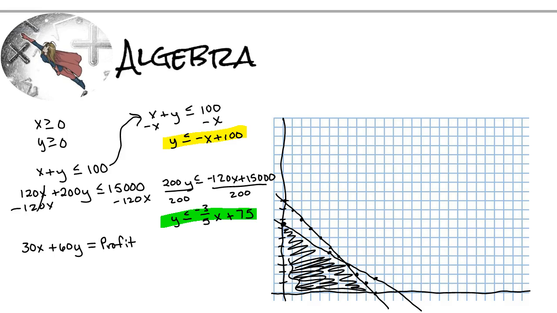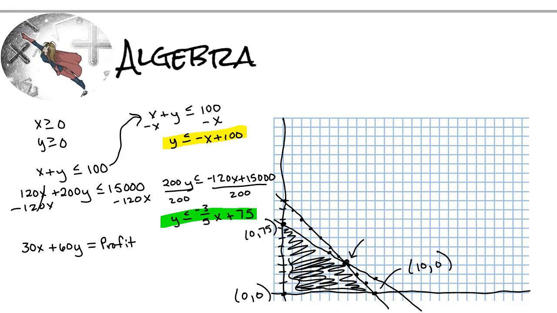That point I already know: it was 0, 75. Here's another vertex, 6, 7, 8, 9. That one was at 10, 0. The origin is a vertex. That usually won't give you your maximum, but let's write it down anyway.